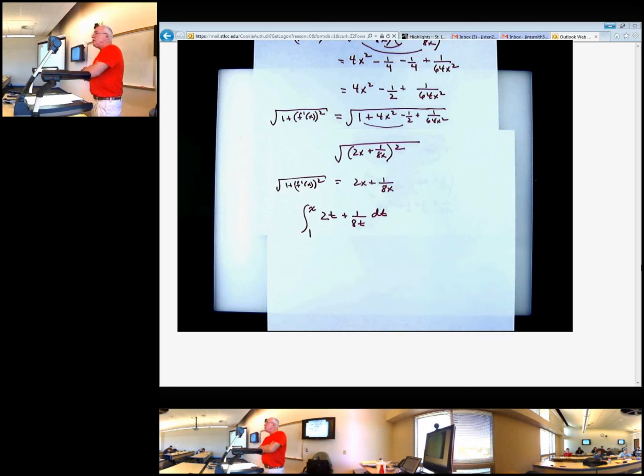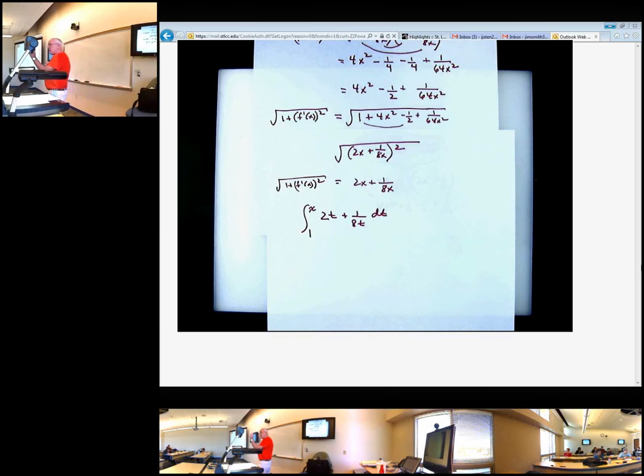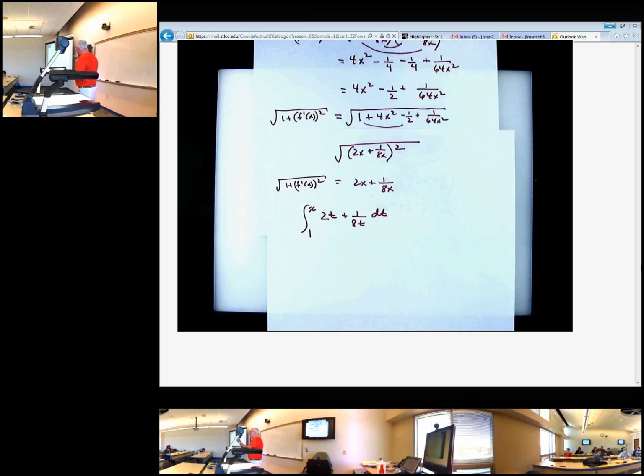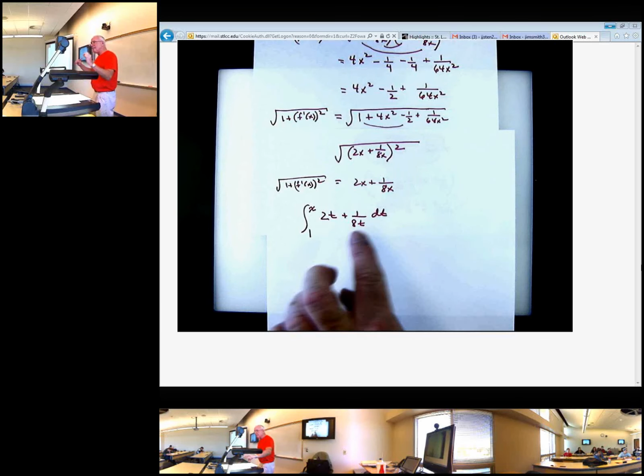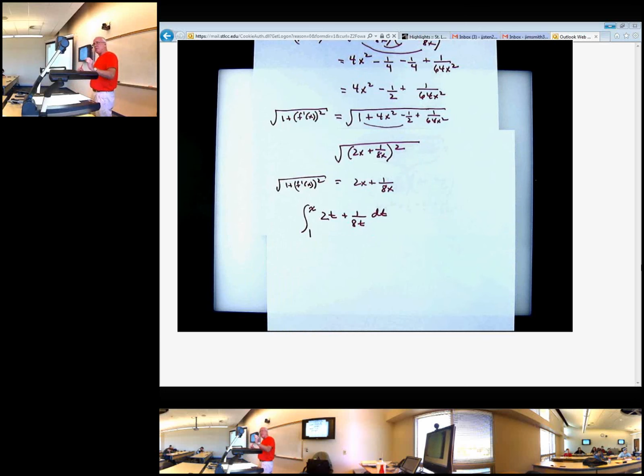So that you don't get confused, because the x is some value that varies. The variables in here, when you integrate, are not constants. It's basically summing things up. So it's just to make it clear that this is x, and these are not the same as that x, okay?